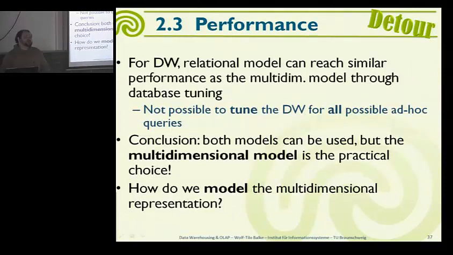If you do good database tuning, it has been shown that with the relational model, you can reach similar performance as the multidimensional model. But of course, it's not possible to tune in advance for all ad hoc queries. You can only tune for queries that you know are coming. So if you have a lot of repetitive queries, different views on the data, grouped by location or grouped by product or something like that, that you know are coming, you can tune the database in that direction.